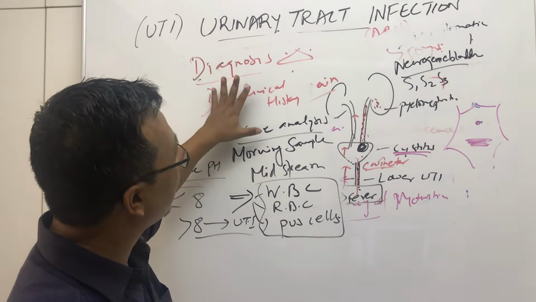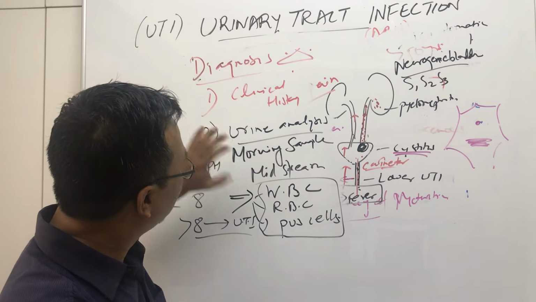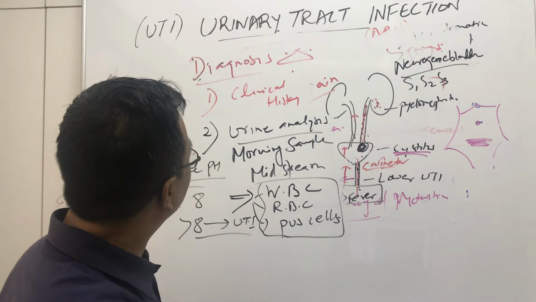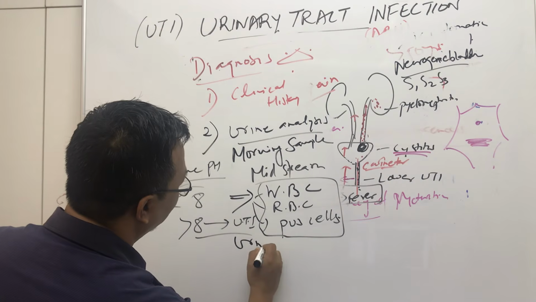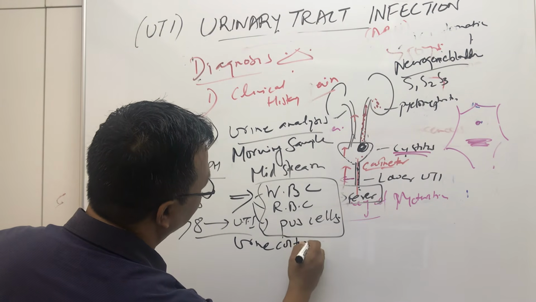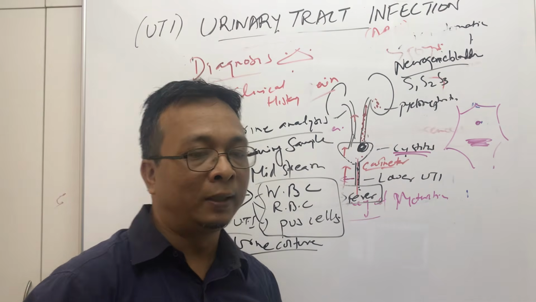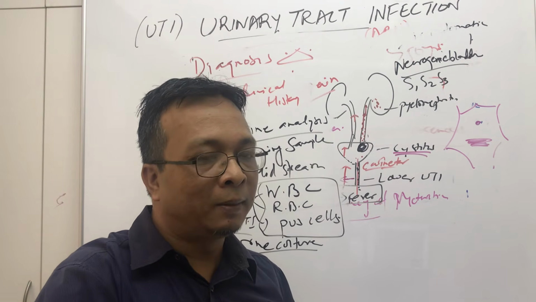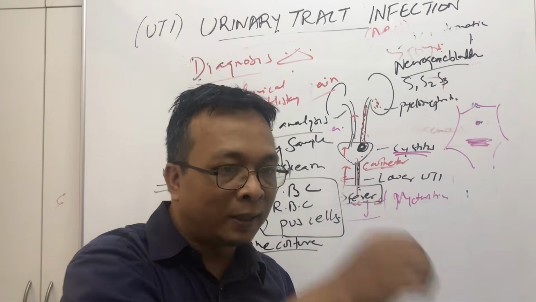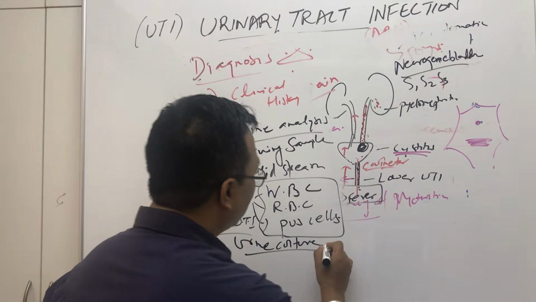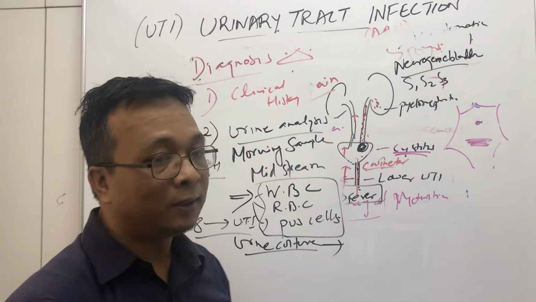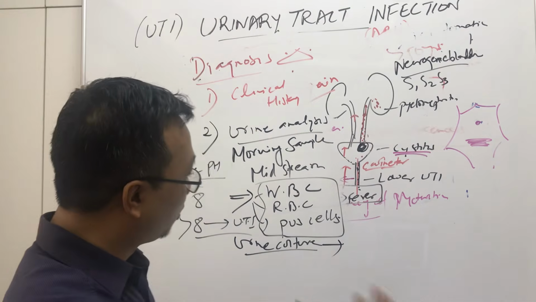So clinical findings, then history, urine analysis, or urine culture. When you are culturing the urine, you give the sample to the lab and they will culture it. It will take a week. They will culture it in a proper lab, and they will see which bacteria is present there. So they will find the colonies, whether it's E. coli or Klebsiella or Proteus, whatever.